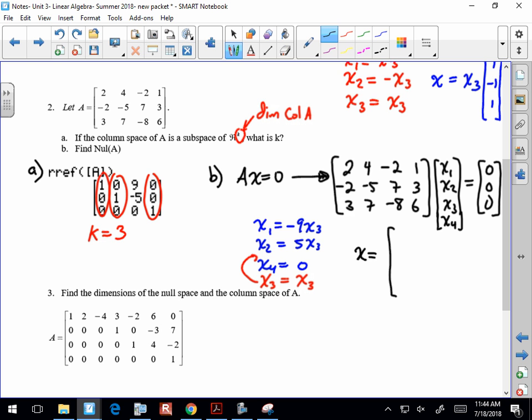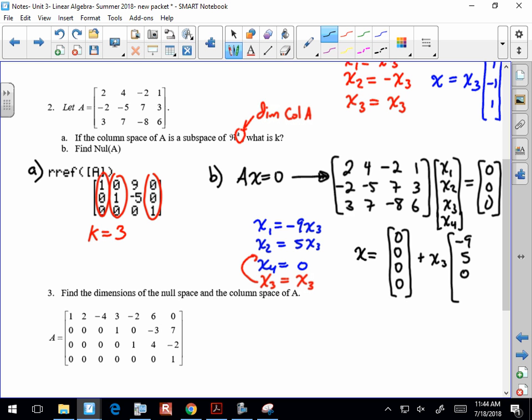You could look at x4 as being equal to 0x3. If that's the case, then you have a single parametric vector. If you want to look at it as a constant, then you would create a brand new vector for that, and then another parametric vector to address the x3s.